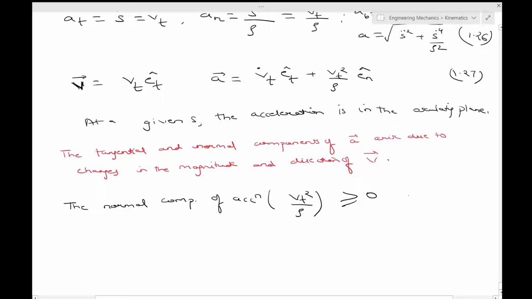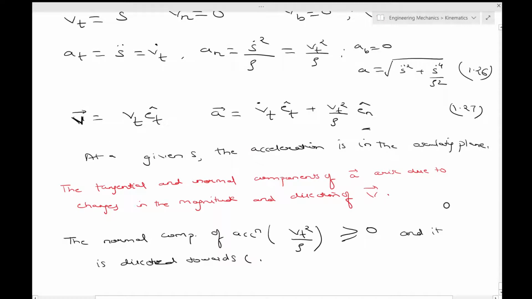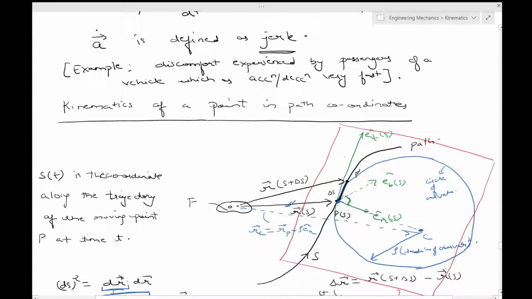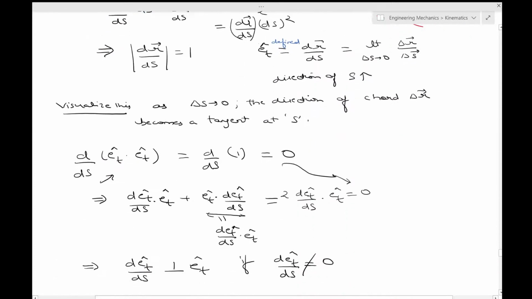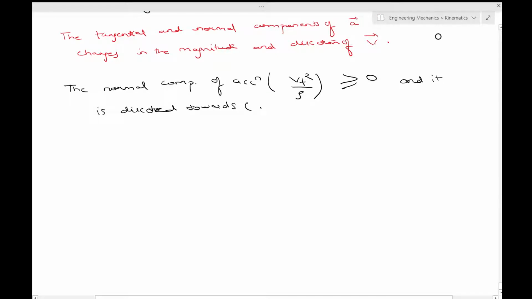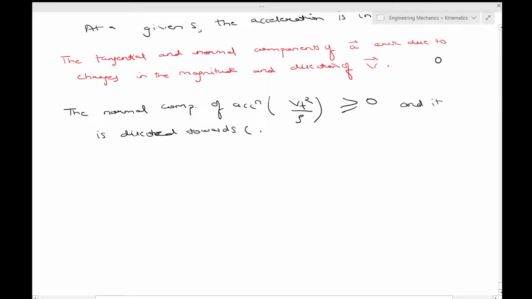And it is directed towards C, because this has a direction En and En is always towards the center of the circle. Hence the normal component of the acceleration is directed towards the center of curvature.